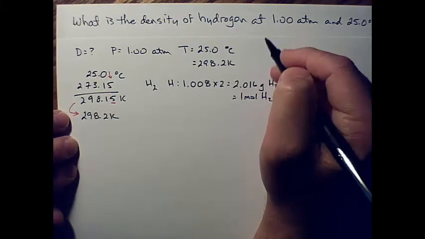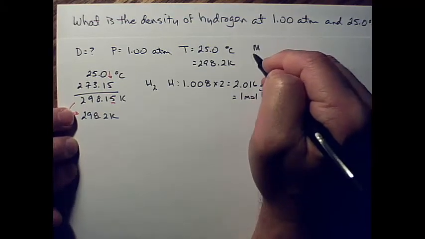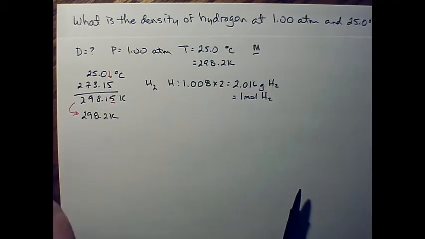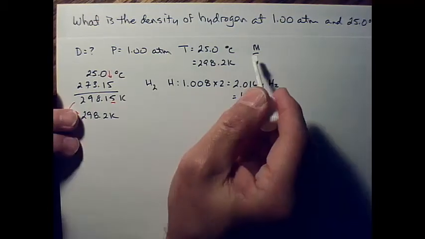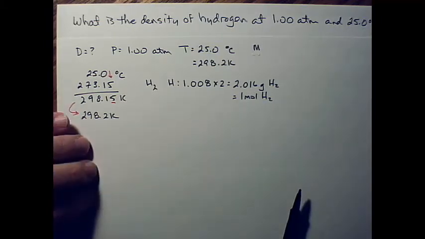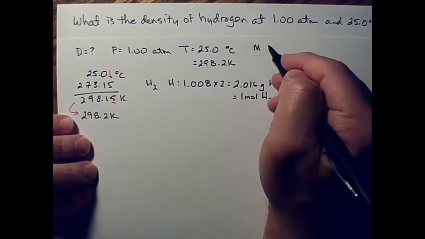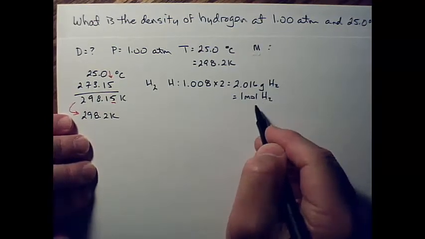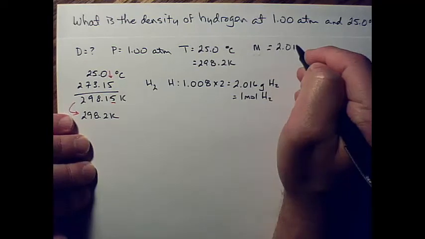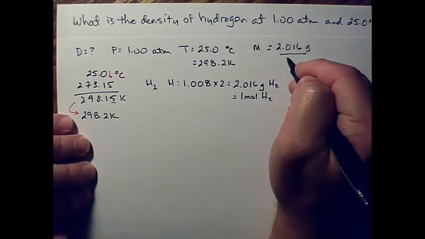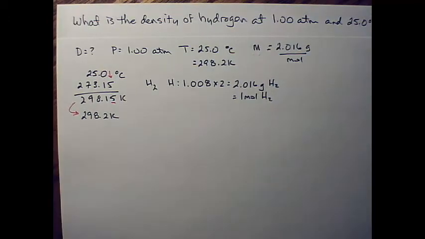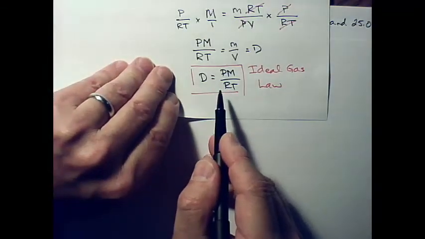And for writing the molar mass, I shouldn't put a line into that, it means something else. Capital M, molar mass, is going to be written as this mass per unit mole. So 2.016 grams per mole. So we have everything we need for this version of the ideal gas law except R.